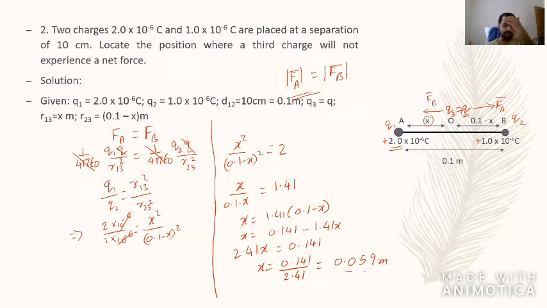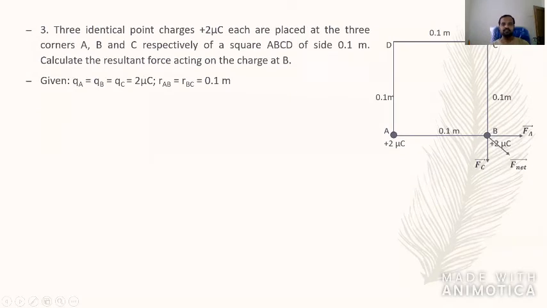Okay, so the value is 0.059 meter, that is at a distance of x equals to 0.059 meter, if you are going to place this charge q, then it is going to experience a net force equal to 0. That is, the two forces are going to cancel out, and obviously there will be no net force acting on the charge q. Now let's start with the third numerical.